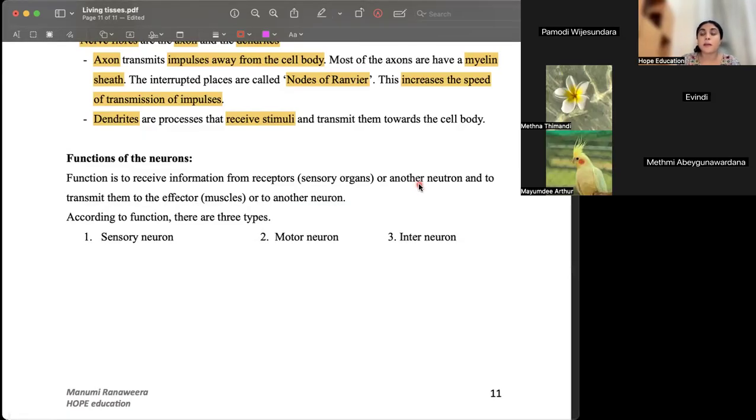Effector කියන්නේ response. අපි respond කරන්නේ මොනවා පාවිච්චි කරලාද? We usually respond using muscles, right? So if you take one neuron, it will receive information from a sensory organ, or from another neuron. And then it will pass the information either to another neuron or to an effector, which is a muscle. So information pass කරන එක තමයි neurons වලින් කරන්නේ.